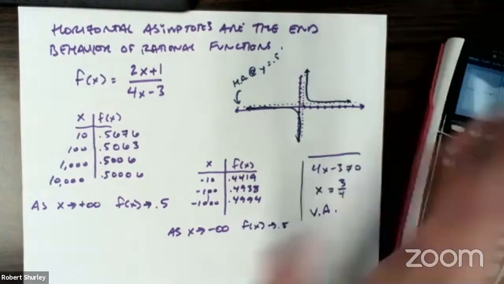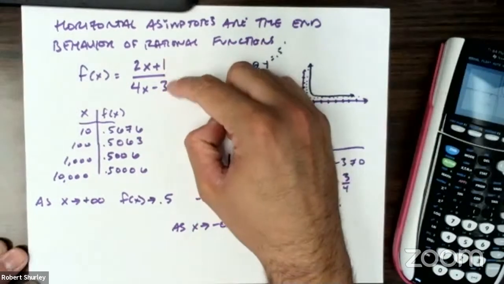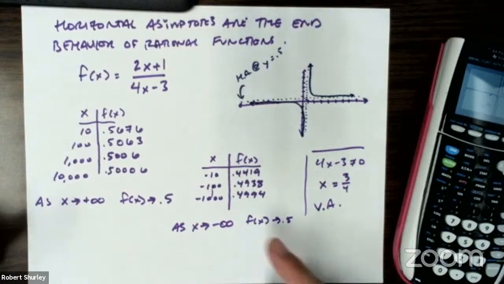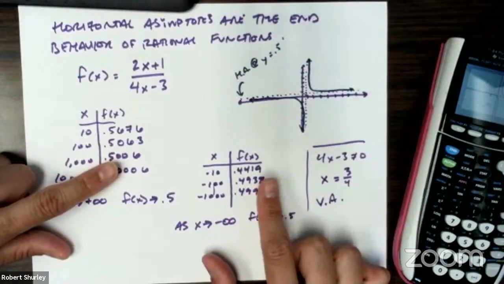It comes from the degrees of the numerator and denominator. If you don't want to learn this, that's fine; you can find the horizontal asymptotes this way every time. But let's look at a shortcut.